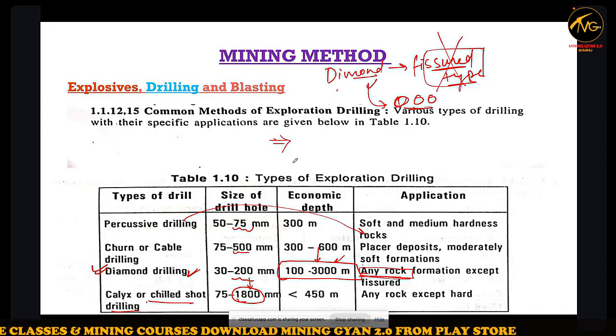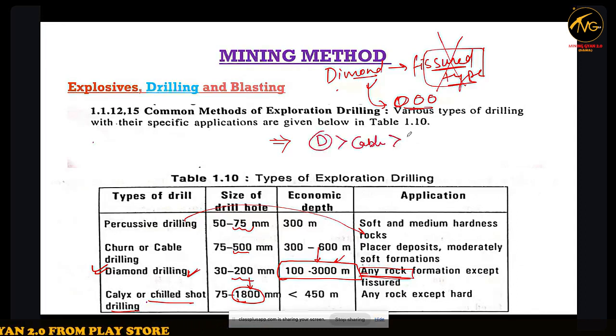If someone has a problem mugging up the data, then at least you should compare these data. So the highest depth is diamond, then cable drilling, then chilled shot, then percussive drilling. And the size of drill hole and economic depth you should remember.